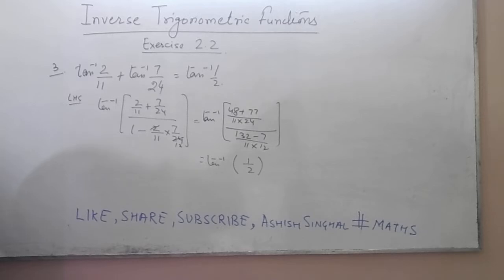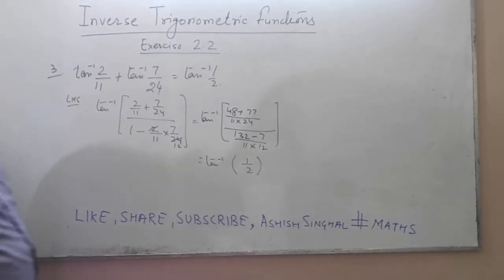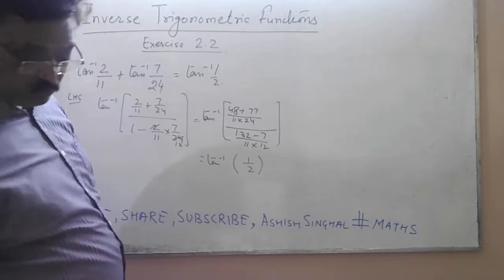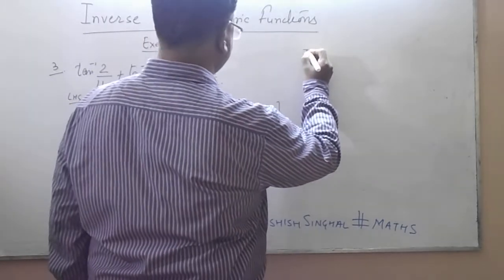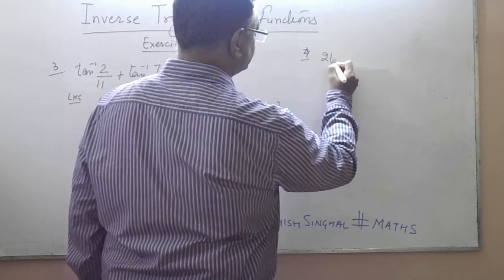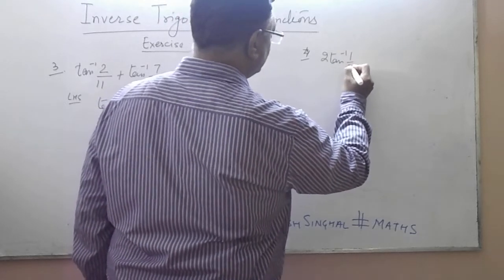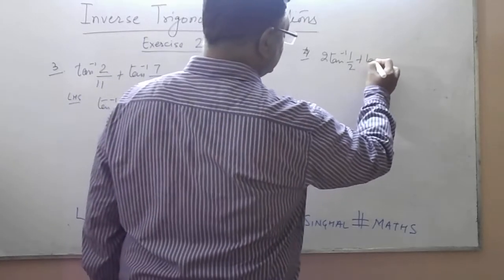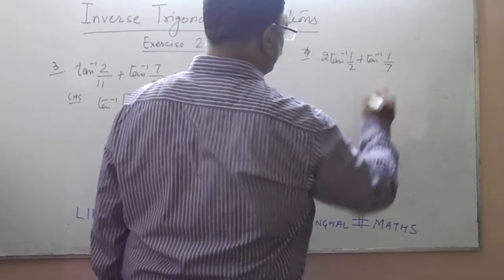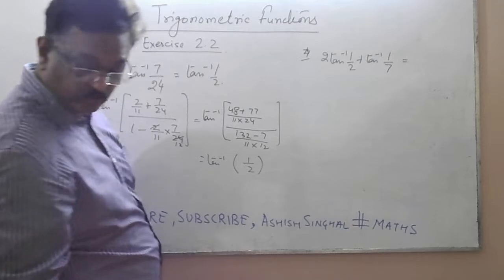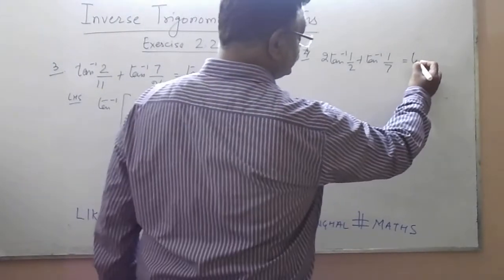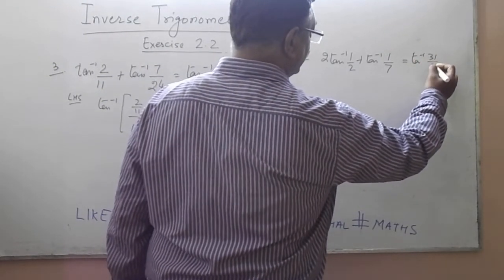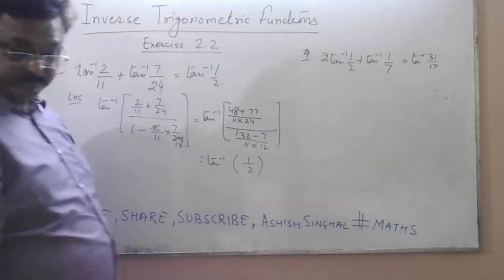Question number 4 is a question of a similar type in which it is 2 tan inverse (1 by 2) plus tan inverse 1 by 7 is equal to tan inverse 31 by 17.